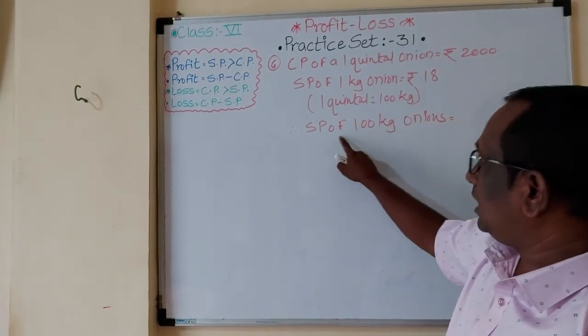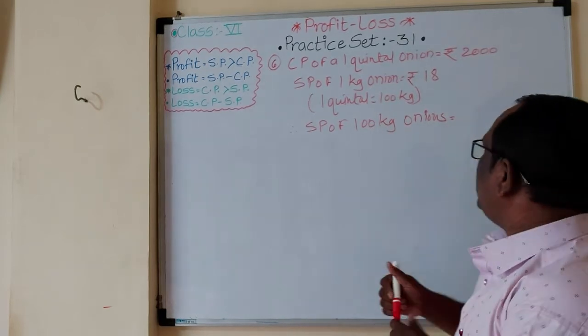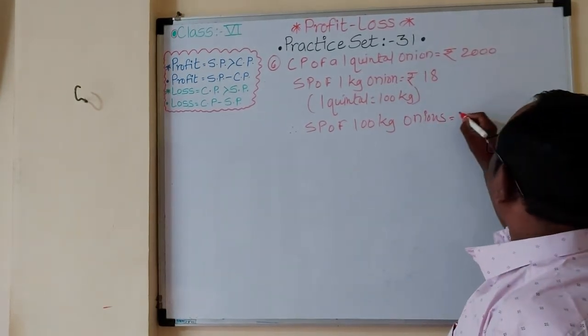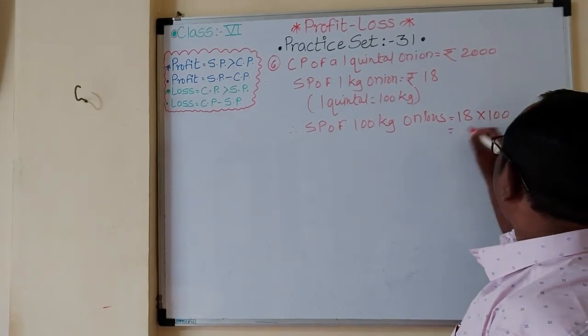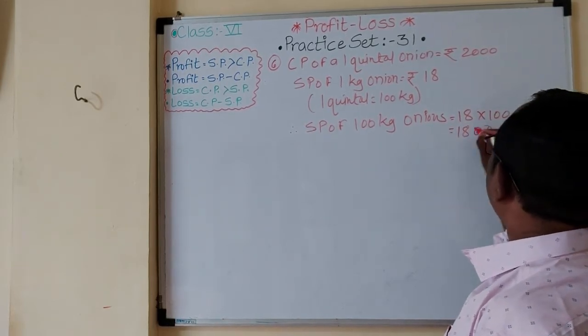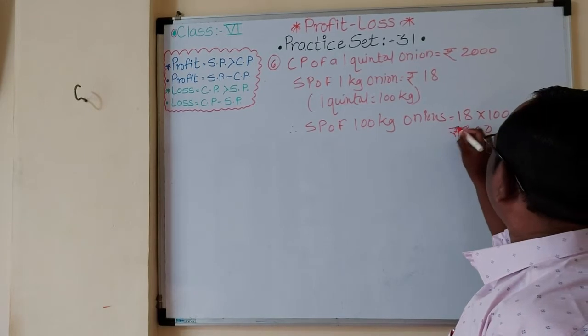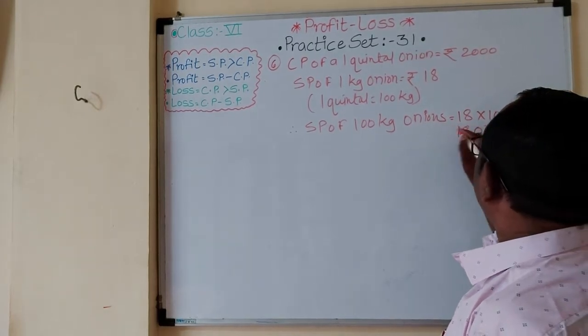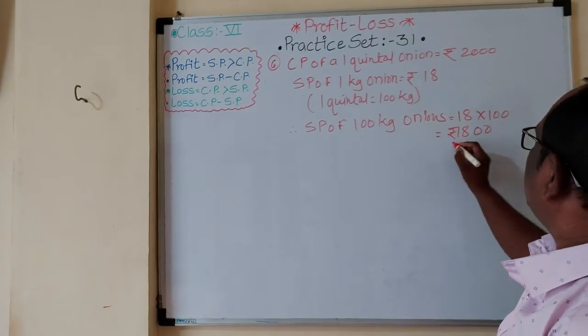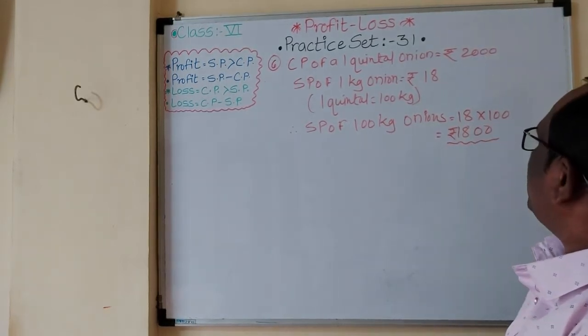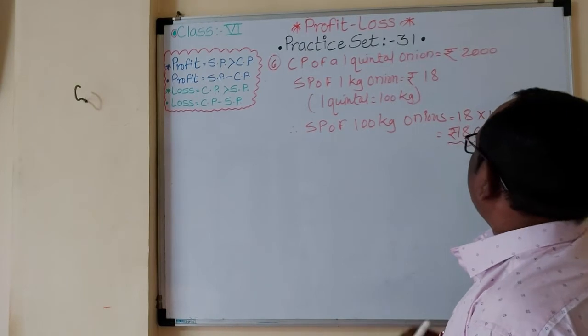the selling price of 100 kilogram onion is equal to 18 multiplied by 100, which gives 18 ones are 18 and these two zeros. So the selling price of 100 kilogram onions is rupees 1800. Okay.